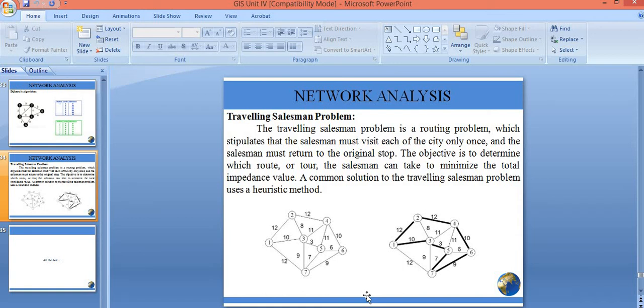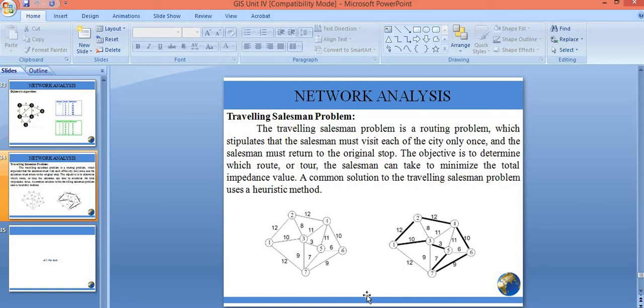Similarly, you have another circuit called Euler's circuit. In Euler's circuit, the necessity is that you have to travel all the edges, whereas in a Hamilton circuit, you have to travel all the vertices. Sorry, students. In the traveling salesman problem, you have to find the Hamilton path or the Hamilton circuit.